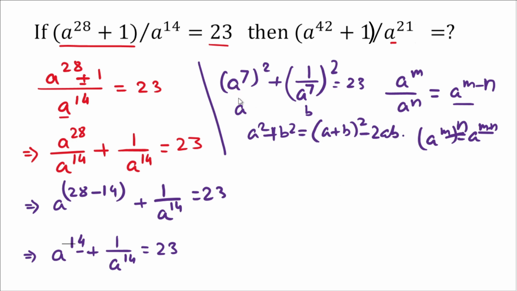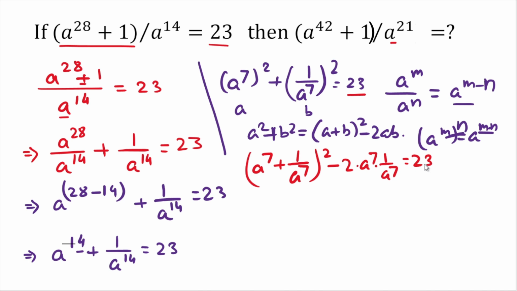Likewise, we'll write this as (a^7 plus 1 over a^7) whole squared minus 2 times a^7 multiplied by 1 over a^7, and that is equal to 23.